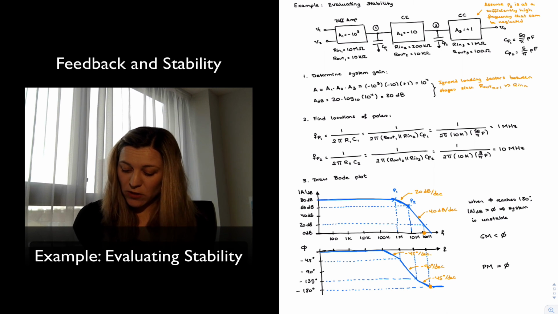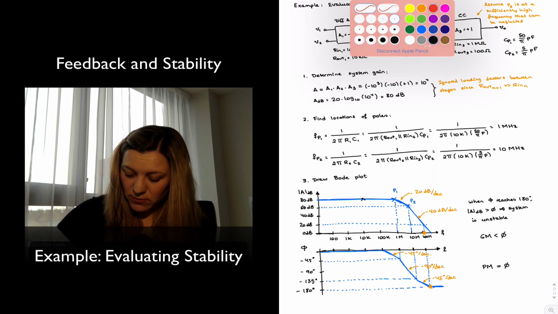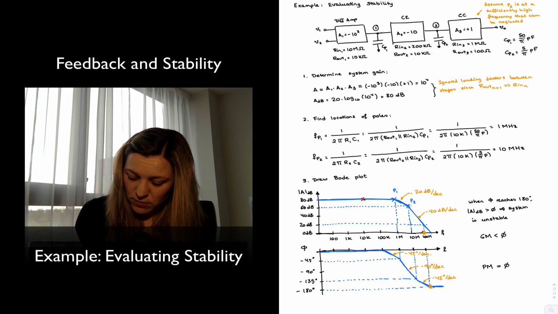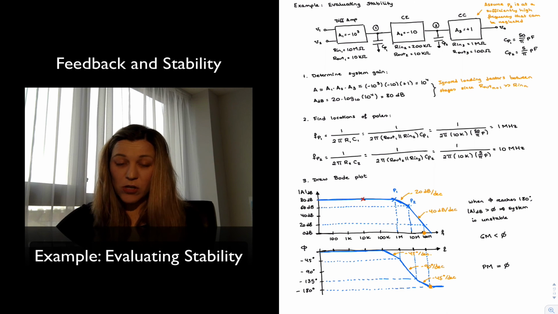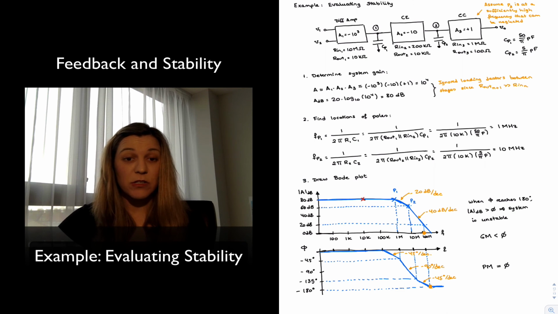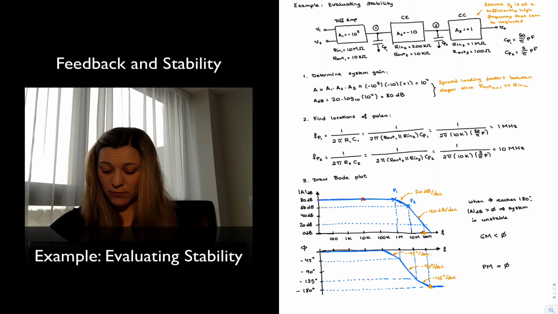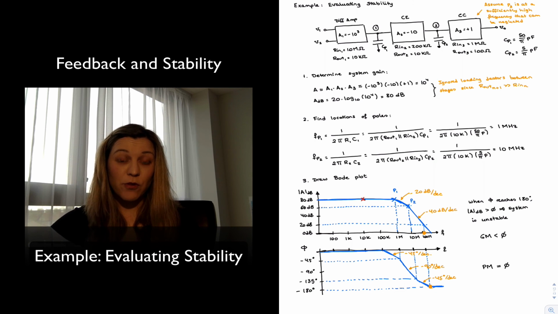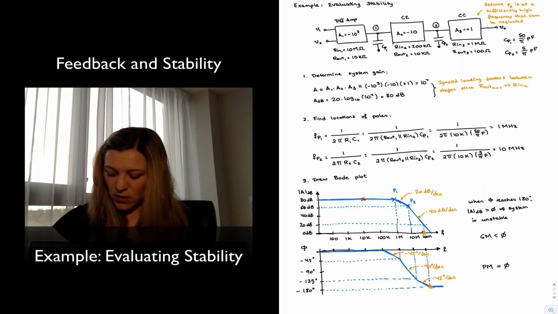If I were to add a dominant pole, let's say if I were to add a third pole at the location of 10K, for example, maybe I'll put that in red for my compensation, then I will cause my roll-off of the gain to start earlier, and therefore by the time I reach the minus 180 degrees phase shift, my gain is going to be lower. And so I'm basically increasing the stability of my system.